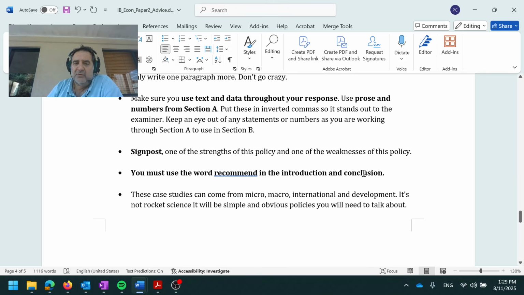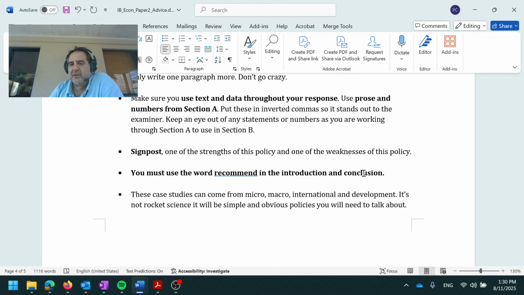Again, really important that you signpost as you work your way through the response. So, especially when you're getting to evaluating the policy, just a simple start of the sentence where you just say, the main strength of this policy is blah, blah, blah. And then when you're looking at the limitation or weakness of the policy, you would phrase it in a very similar way.